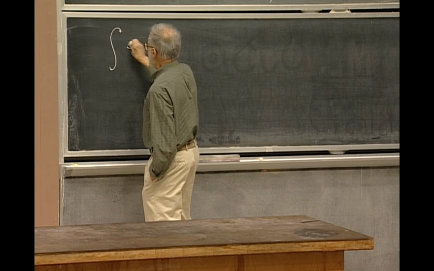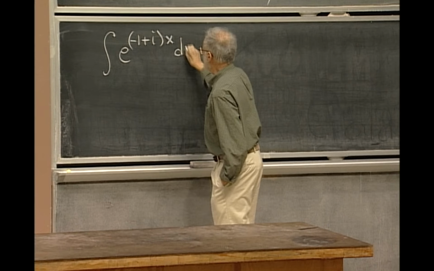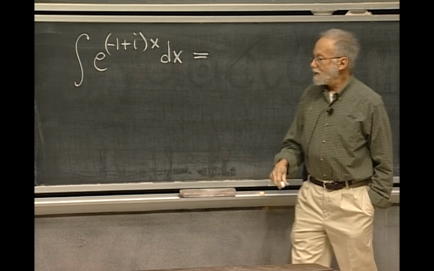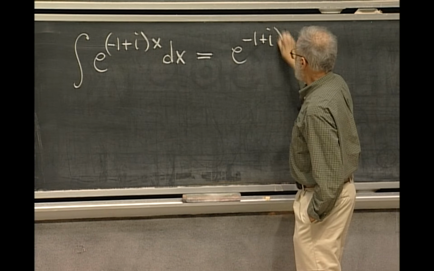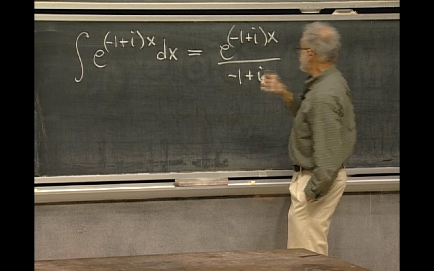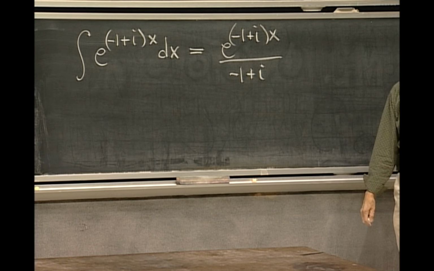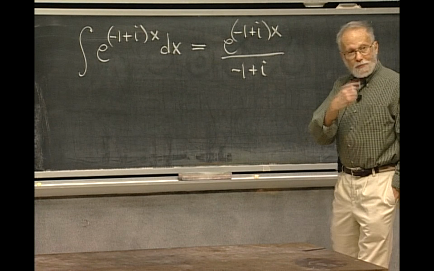So what's the integral of e to the minus 1 plus i x dx? Well, if there is justice in heaven, it must be e to the minus 1 plus i times x divided by minus 1 plus i. Now, in some sense, that's the answer.